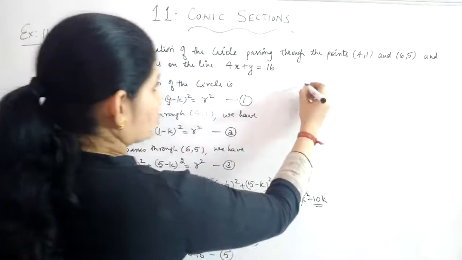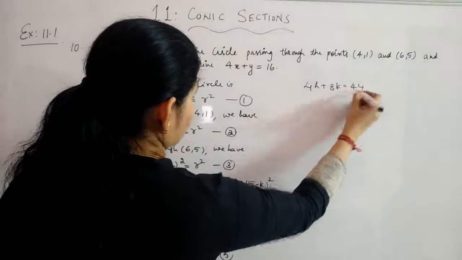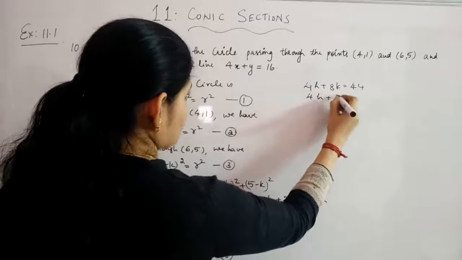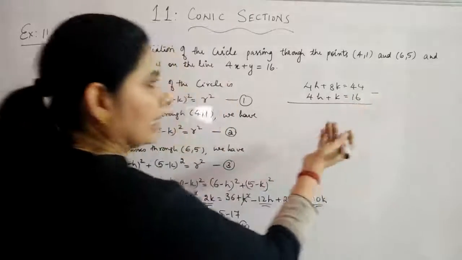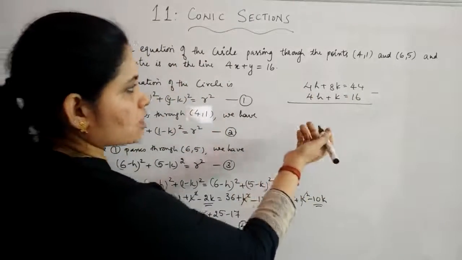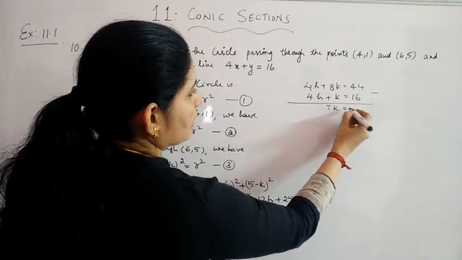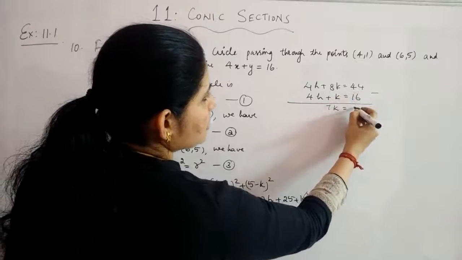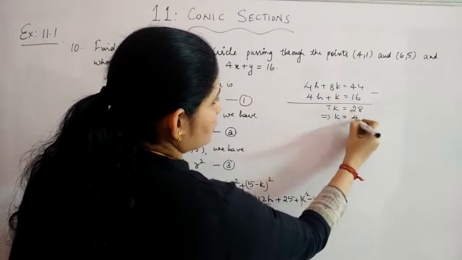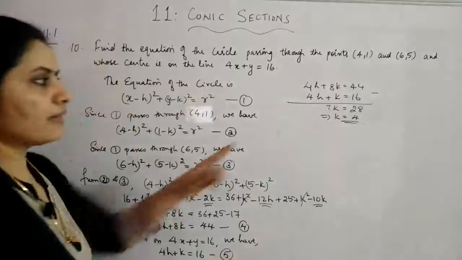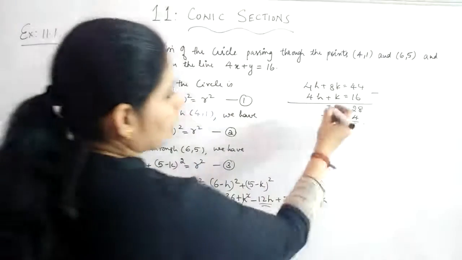So solving the two, that is 4h plus 8k is equal to 44 and 4h plus k is equal to 16, by either of the methods, I am using elimination here. So you will get 8k minus k will give you 7k is equal to, here you will get 28. That means you are getting k is equal to 4. Now replacing the value of k in any of the equations will give you your h value.